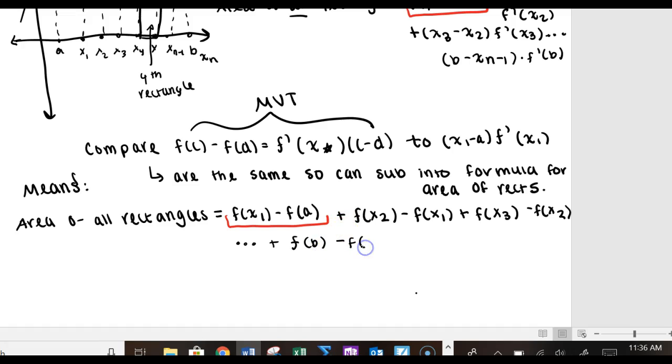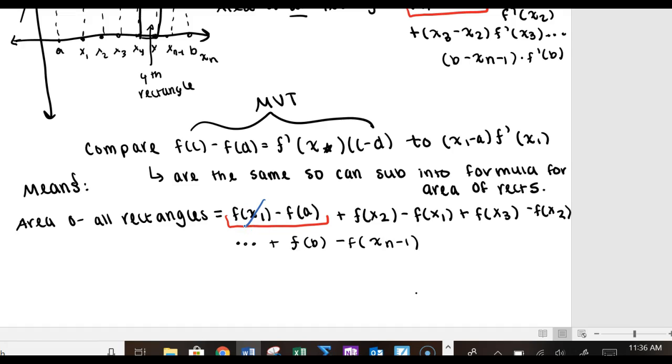All right, step back. What cancels? Everything except f of a and f of b. Boom, boom, boom, boom. Everything except f of a and f of b.